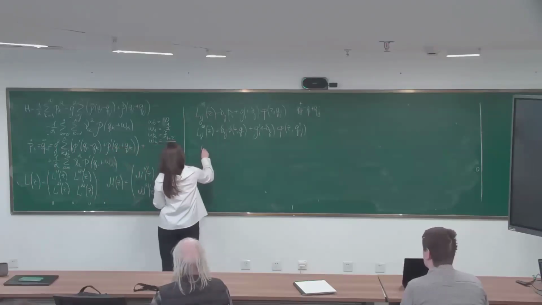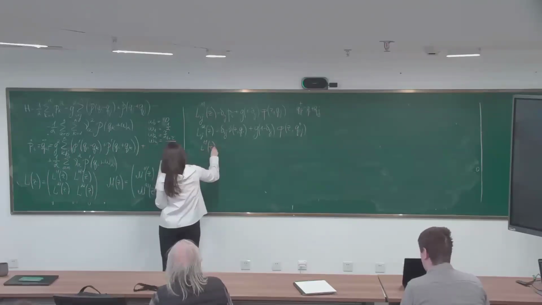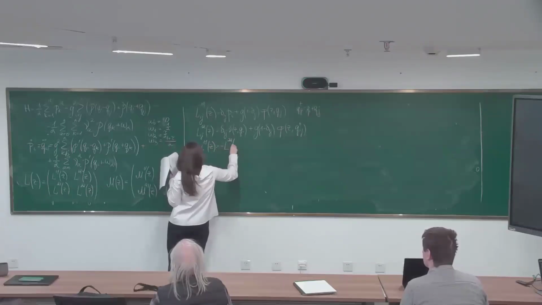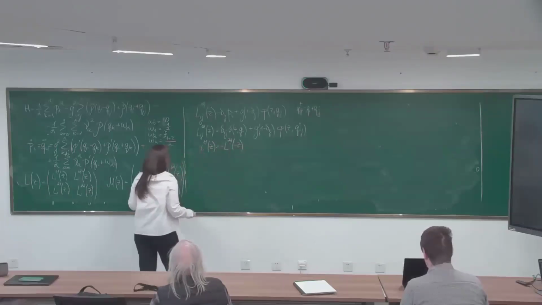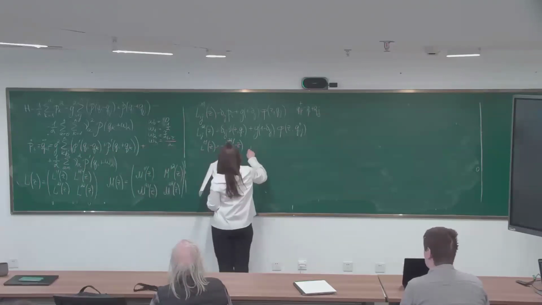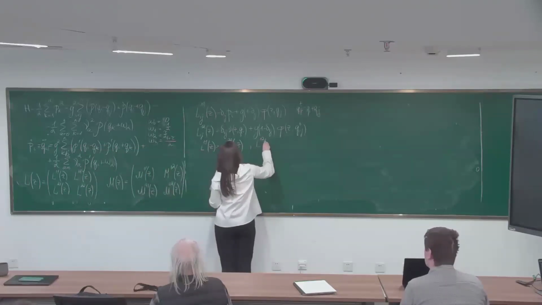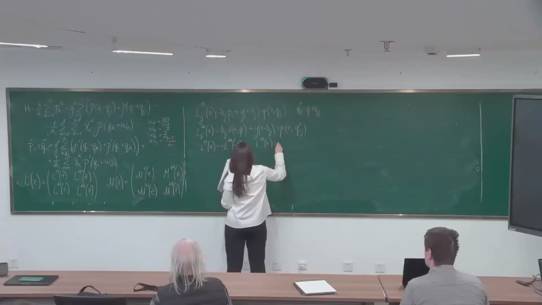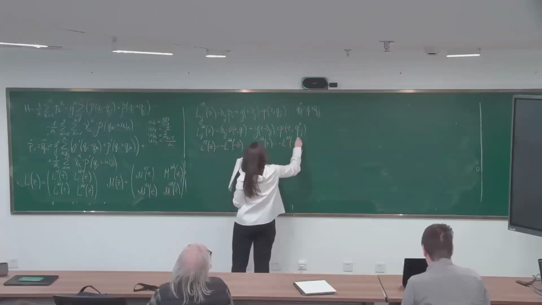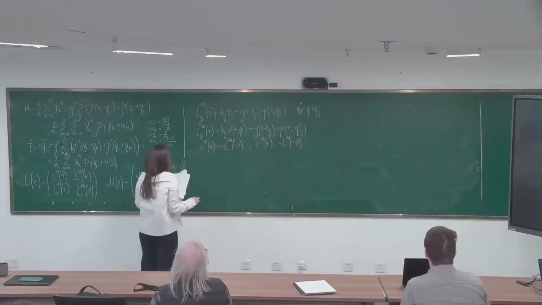So L1 is the minus L2 minus Z. I will not write it down. And L2 is minus L1.